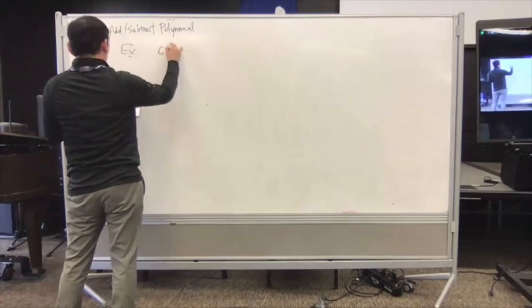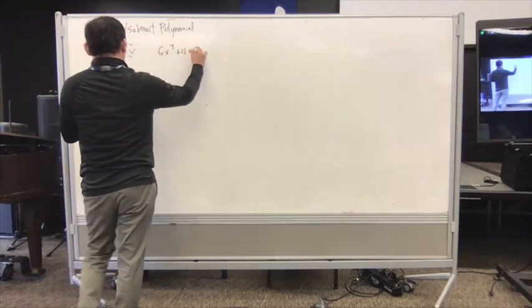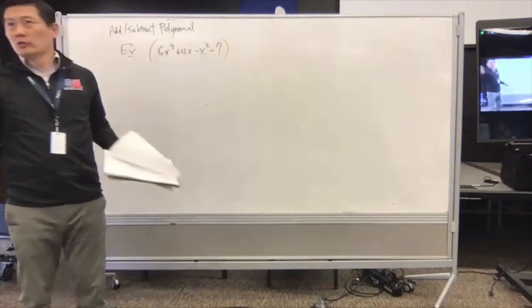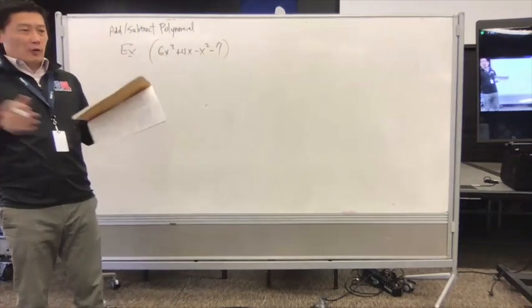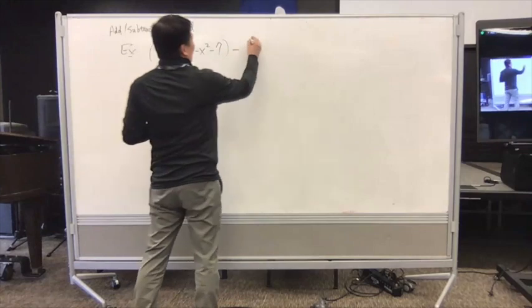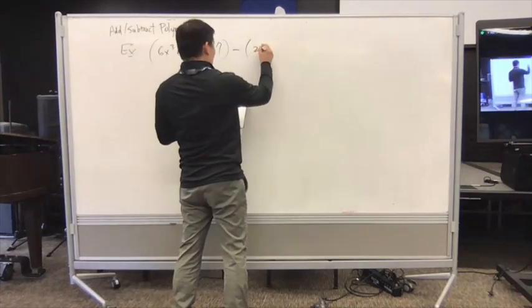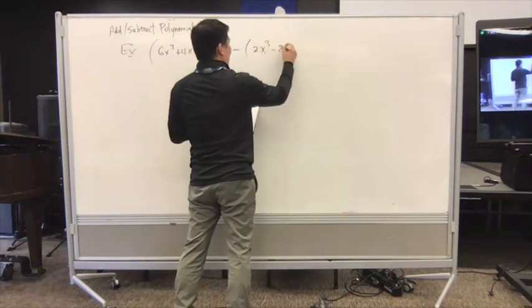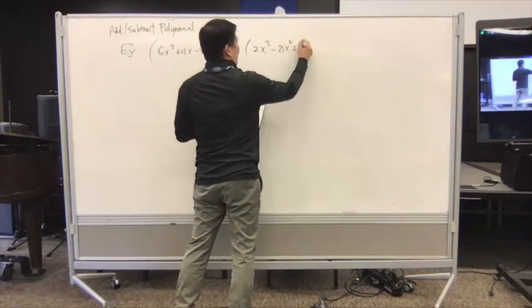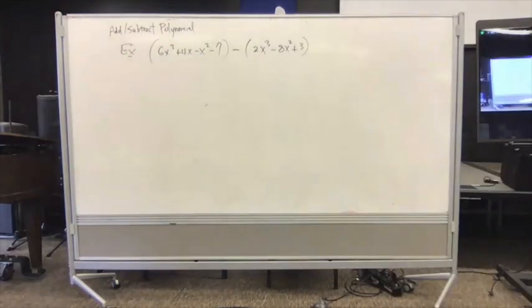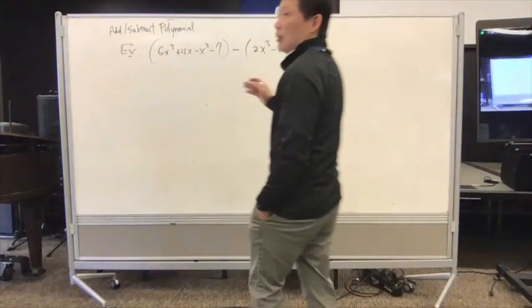You have 6x cubed plus 4x minus x squared minus 7, which is a polynomial. It's not a function, it's just an expression. You subtract a second polynomial, another big expression: 2x cubed minus 8x squared plus 3. This is very, very easy in terms of adding or subtracting polynomials.